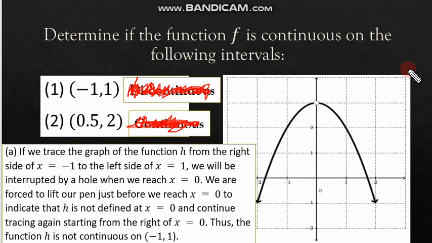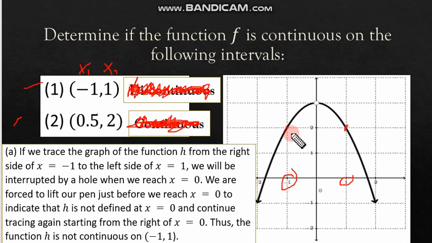Okay, another example here to determine if the function is continuous on the interval from -1 to 1 and from 0.5 to 2. Now, we will start at -1, which is at this point on the graph, and we will end at x equals 2.